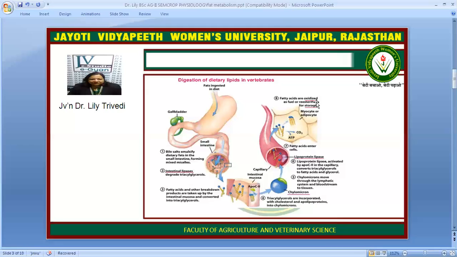The fatty acids are oxidized as fuel or re-esterified for storage, so they are stored in the adipocytes or myocytes. So this is the process of digestion.